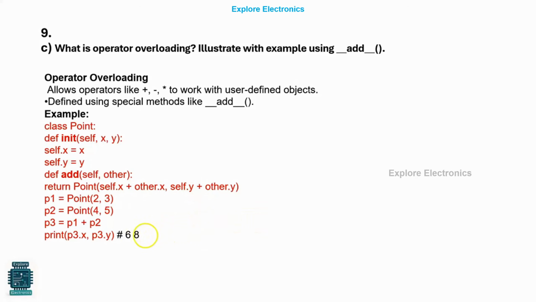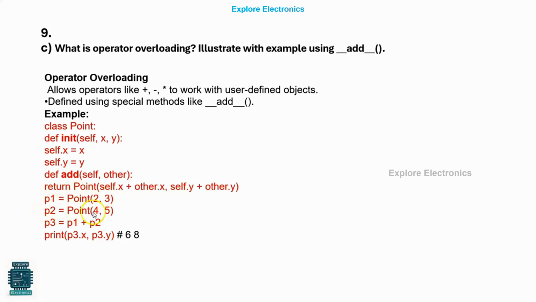Here it will create and return a new Point object with the sum of x and y attributes of the two objects being added. After that, p1 is equal to Point(2, 3). Here it creates an instance of the Point class named p1 with the coordinates 2 and 3.